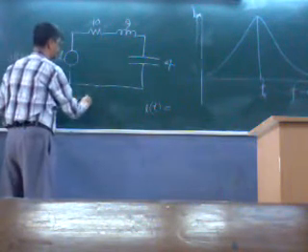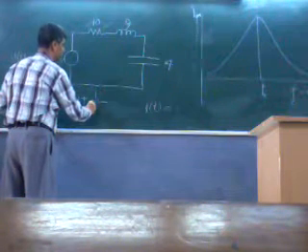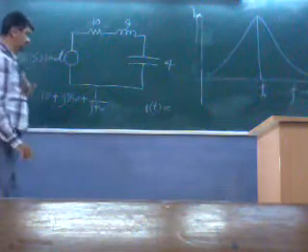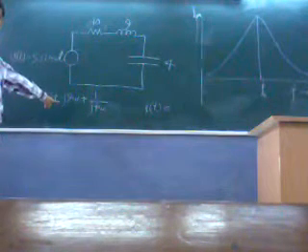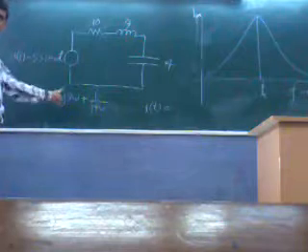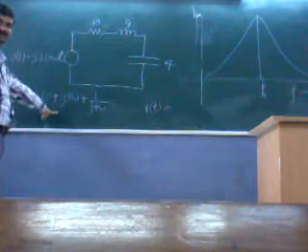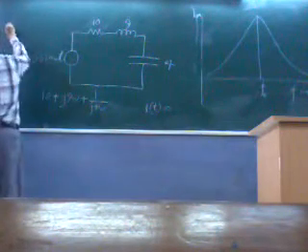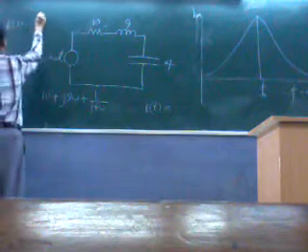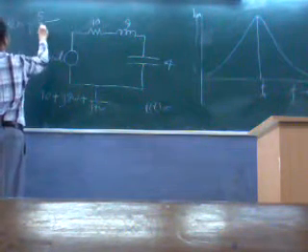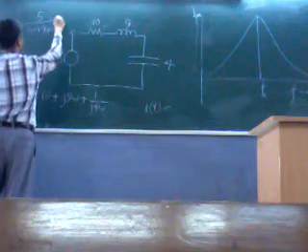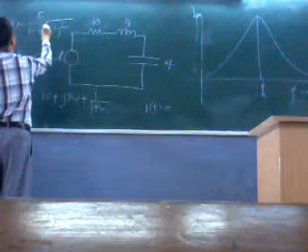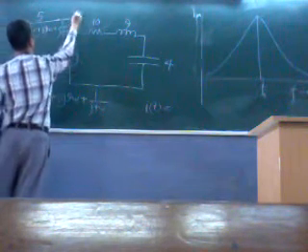Plus 1 upon 4j omega. Is it alright? This is the impedance. So what is the current? 5 upon this. So IT is 5 upon 10 plus 9 j omega plus 1 upon 4 j omega, into sin omega t.